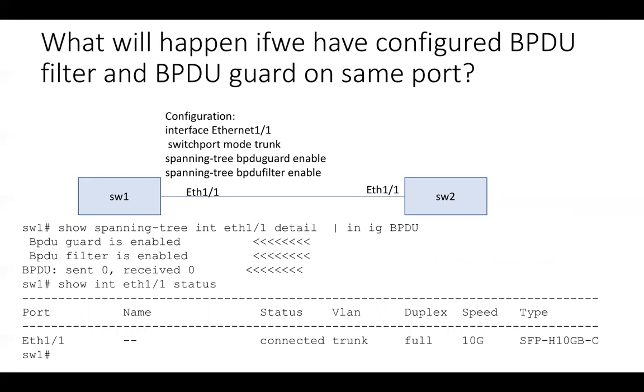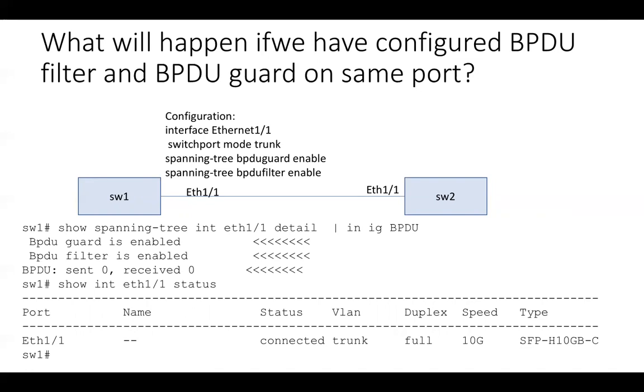We are sure that a system is connected, a printer is connected, any device which does not generate BPDUs, so we will not receive a BPDU from that particular port. We will enable BPDU guard, so whenever we receive a BPDU, that particular port will be in error disabled state.